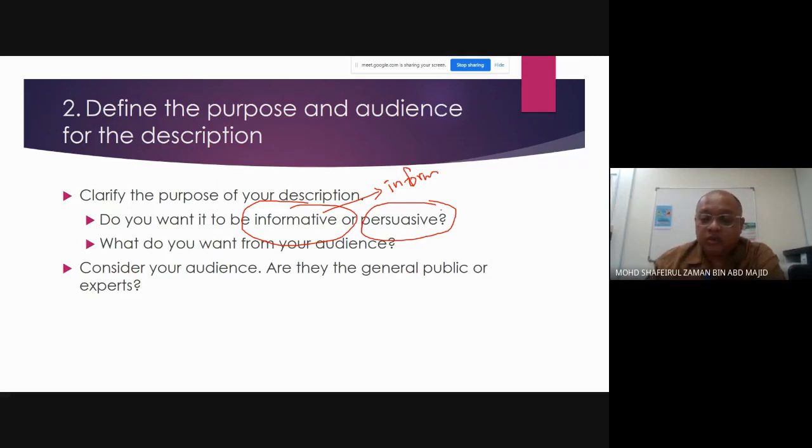But persuasive is a bit different because you are going to persuade the audiences to buy your product or to use your product. If you're asking me which one is more difficult, persuasive is more difficult. Believe me.